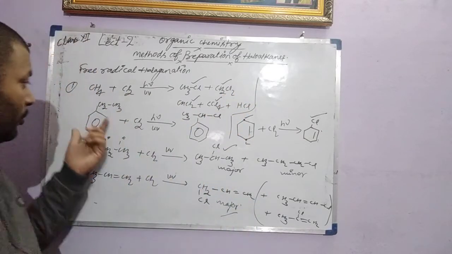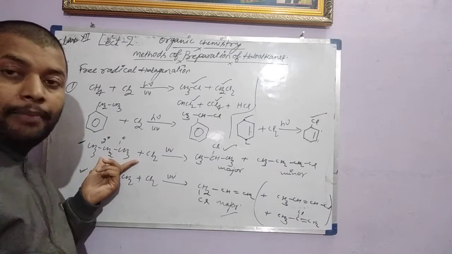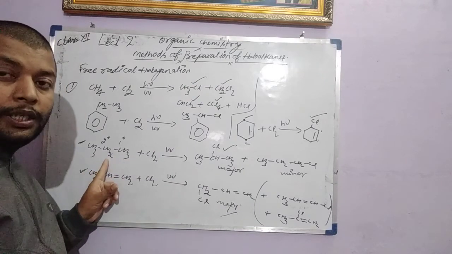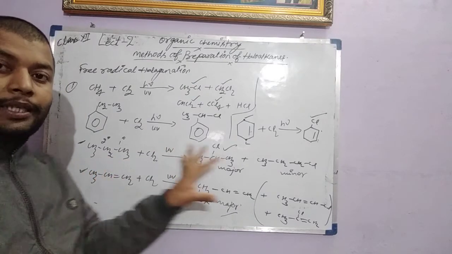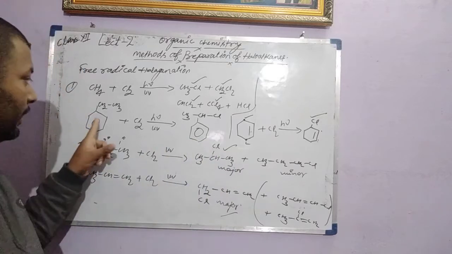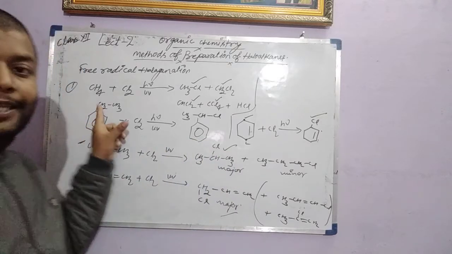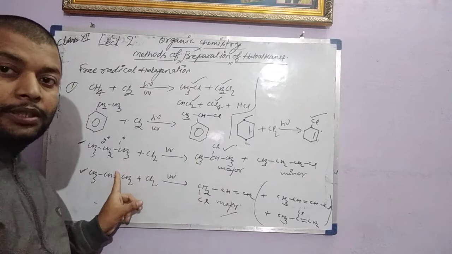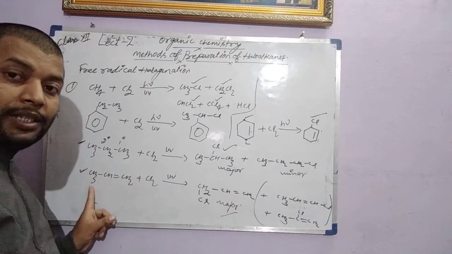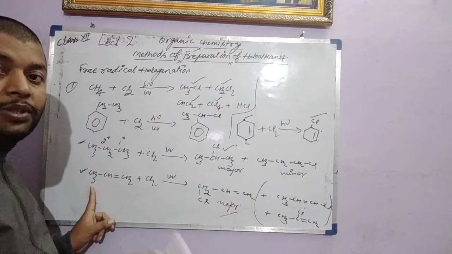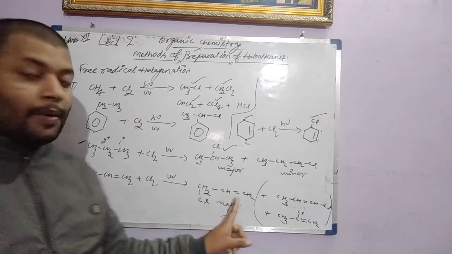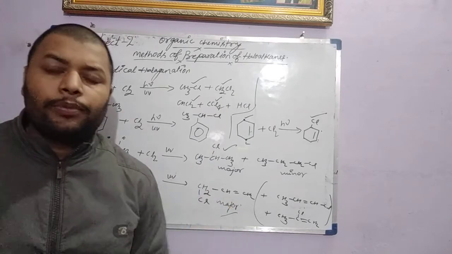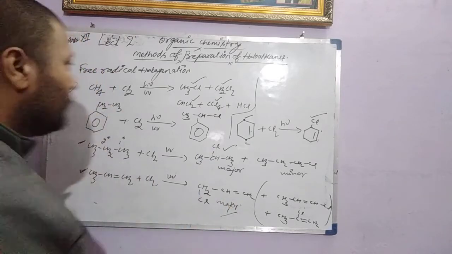But if there is a possibility of major and minor, we have to take the major position for the important products, like the benzyl position, the carbon attached to the benzene ring, secondary or tertiary position, or the conjugation position with a double bond, the alternate position with the double bond. That will form the major product during halogenation with chlorine or bromine. Clear?